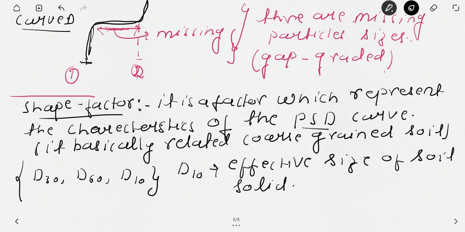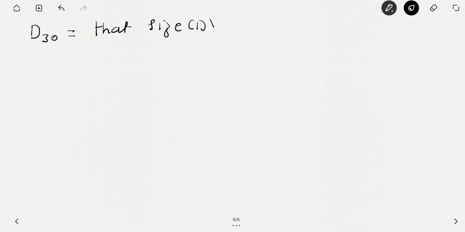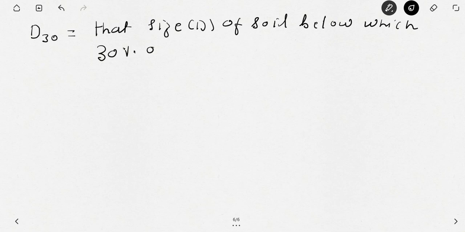Now what does it mean? What is D30, D60? Look, understanding one will clear all things. What does it mean by D30? Representing D30, it means that size D of soil below which 30% of soil is finer.